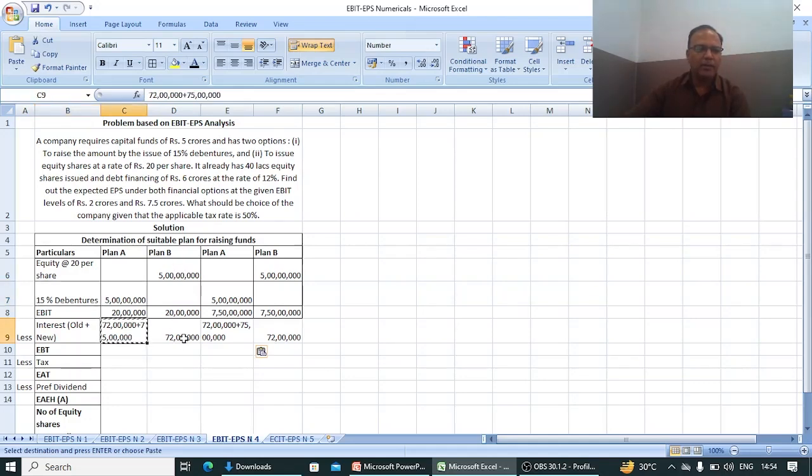If we talk about plan B, old interest is 72 lakh, but because in plan B you are not receiving anything by way of debenture, there is no need to pay any interest, so interest will be 72 lakh. Same in plan A, plan B here.